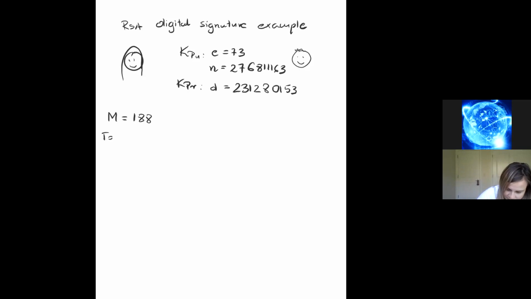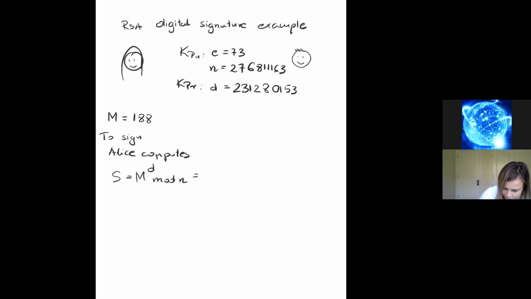So to sign, Alice has to compute S according to the previous formula, so x to the power d modulo n. It should actually be M to the power d modulo n.